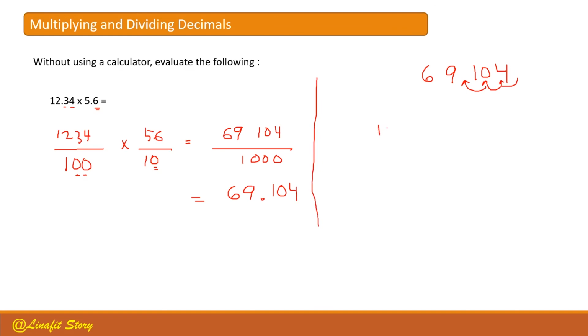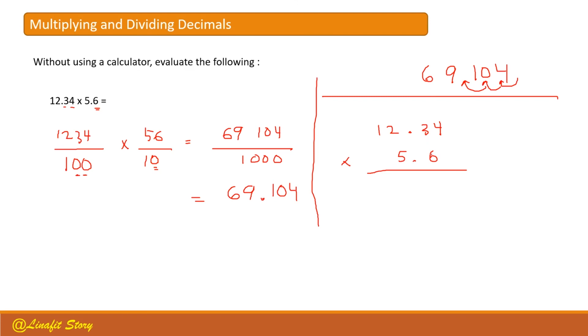The second is with long multiplication. So 12.34 times 5.6. Then we multiply one by one. Look over here. In 12.34, this is 2 decimal places, while in 5.6, this is 1 decimal place.